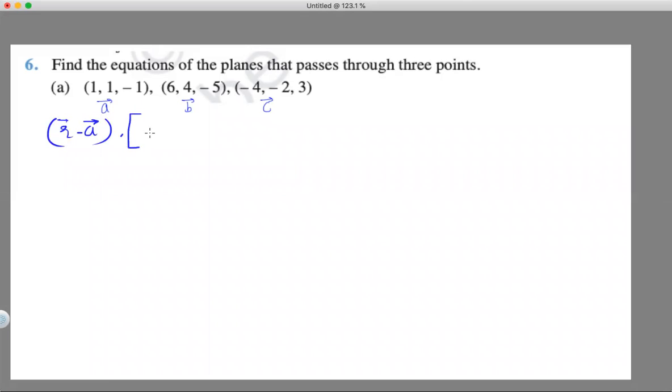The cross product can be b vector minus a vector cross c vector minus a vector. It could be any of the vectors, it's all okay, but usually we write it in this form, right? Is equal to 0, right? Because this is going to be perpendicular to this. Now, that's all that we have to do there.